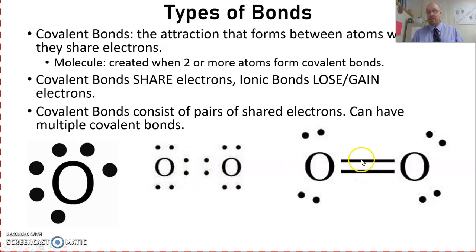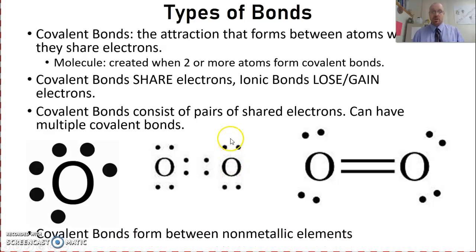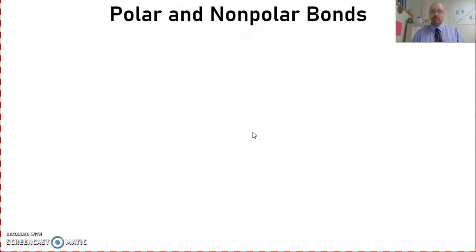That's notated here when we draw a solid line between two different elements in Lewis structures. Okay, so covalent bonds, they share it. It's a very, very strong bond. Covalent bonds tend to form between non-metallic elements, typically your gases and your nonmetals.